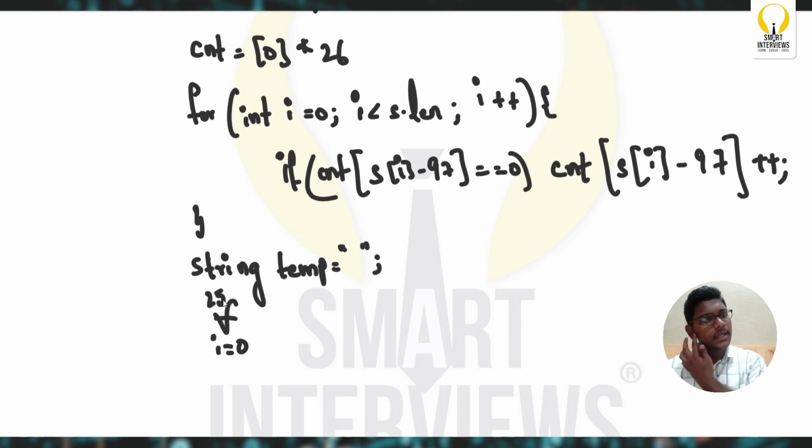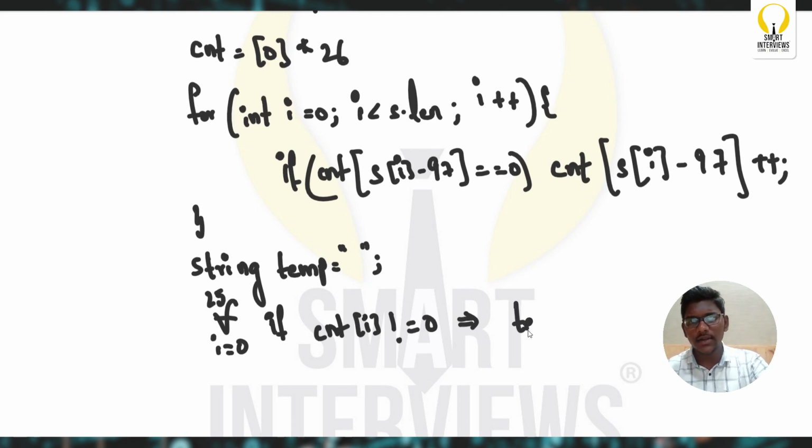In fact, iterating till the 25th index is enough. So if your count of i is not equal to 0, then what you'll do? Simply you'll add it to the temporary string, which is something like character of i plus the ASCII value, which is 97.